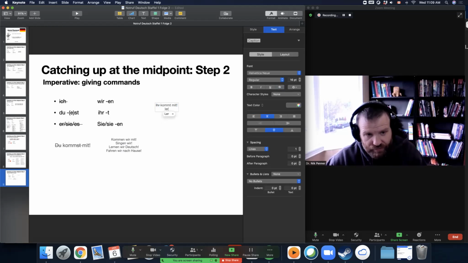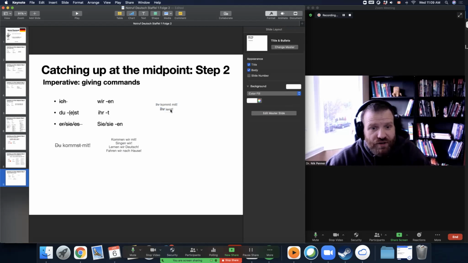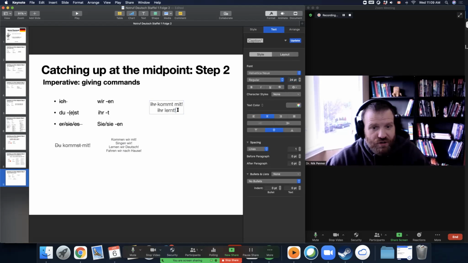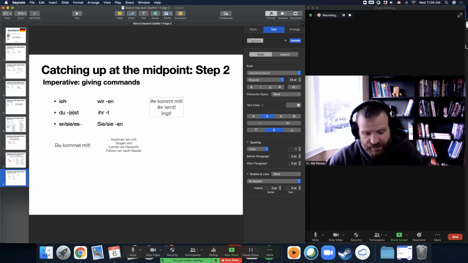Or ihr lernt, you are studying. All you do is you get rid of the ihr: lernt. That is your imperative now. Lernt, kommt mit, or singt, sing. We started with ihr singt, but then it shows capitalized. It shouldn't be. It's just autocorrect.